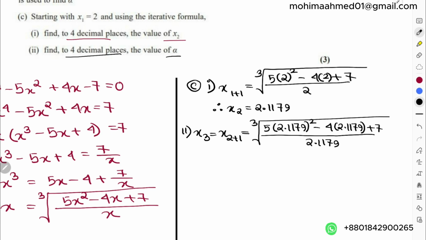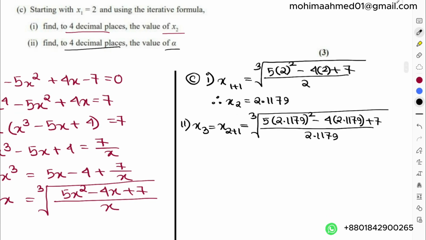So if you now insert that, 2.1179 whole squared, you get 2.1468.